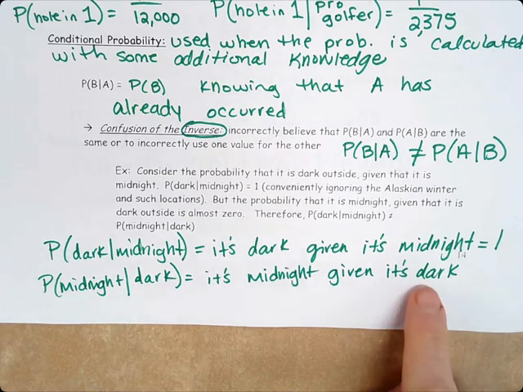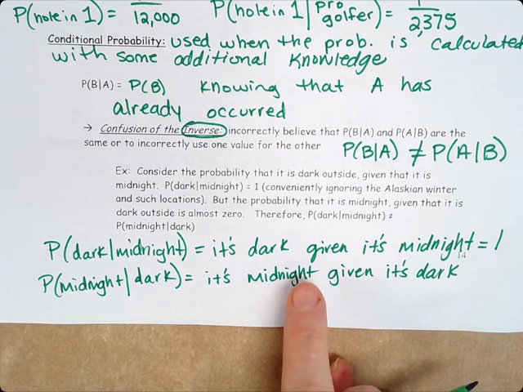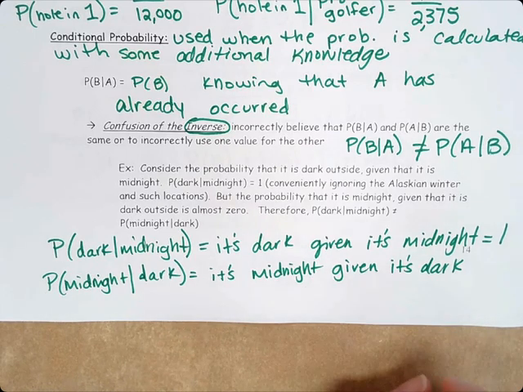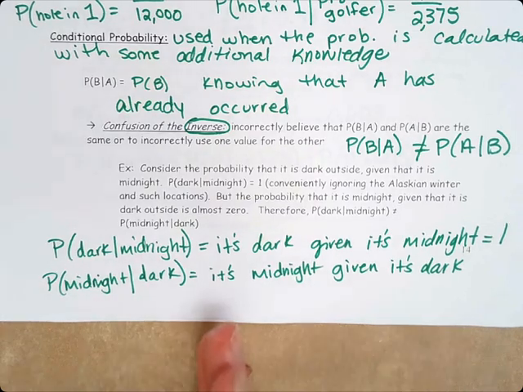So we know it's dark. So what's the probability that it's midnight? Think about what time it gets dark. Let's say 7 o'clock, and it's dark from what time? 7 o'clock to about 6 o'clock, let's say. And so what's the probability it's exactly 12 a.m. on the dot?